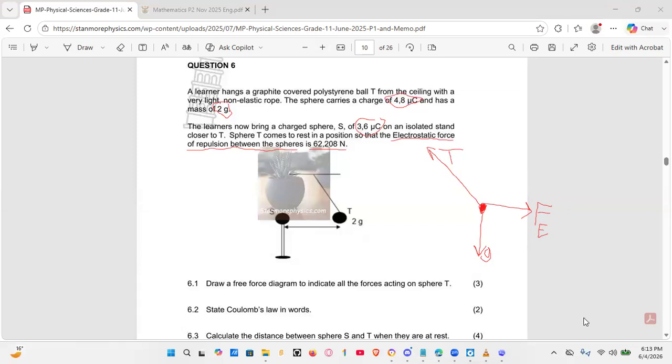Then scrolling down. So how would you state Coulomb's law in words? It is the magnitude of the electric force exerted by one point charge on another point charge, and is directly proportional to the product of the magnitudes of the charges and inversely proportional to the square of the distance between them.